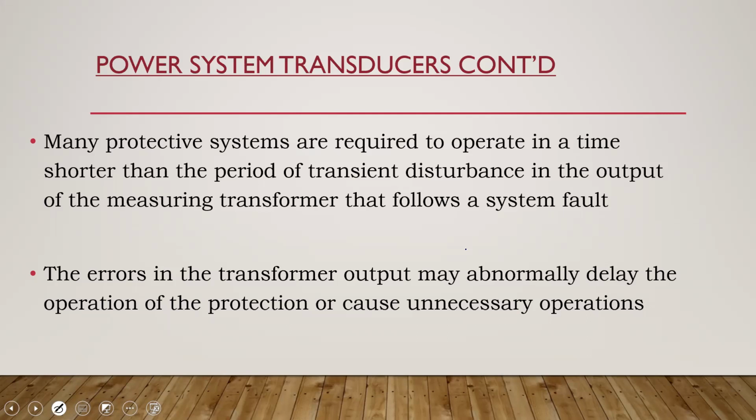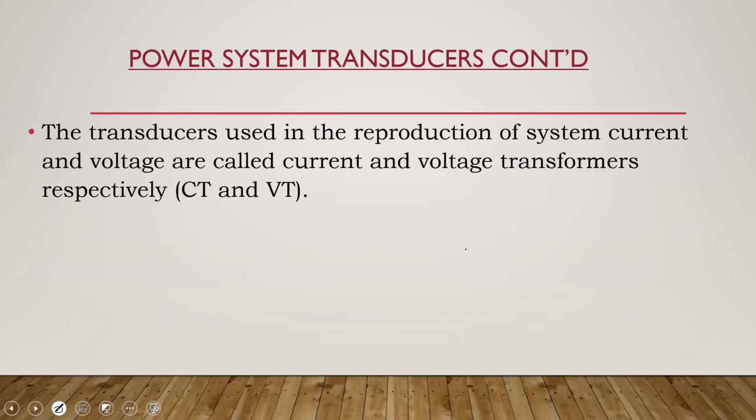But the fact is, whilst that is happening, the power system is burning. So there are certain errors that we have to take note of in our CTs and VTs.